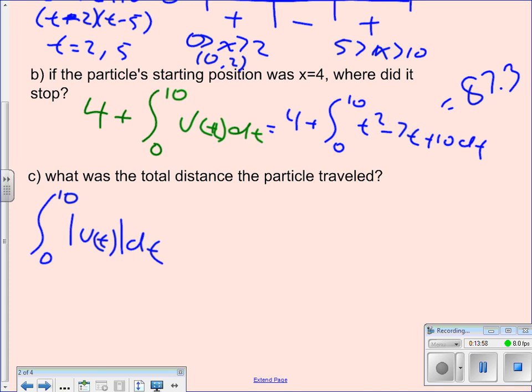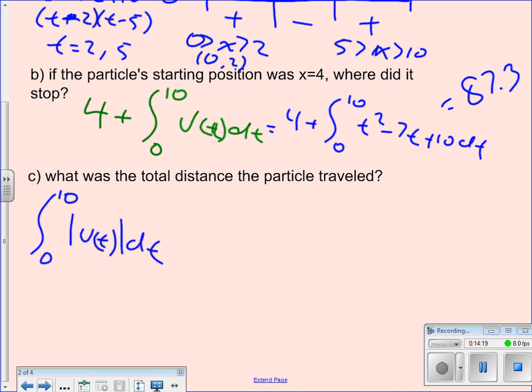However, let's say this is a non-calculator portion of the test. This is a perfectly valid non-calculator question, because taking the antiderivative of t squared minus 7t plus 10 and then plugging in 0 and 10 is not a hard thing to do by hand. Not the easiest, but not the hardest. The numbers would be easier to work with, I guarantee.